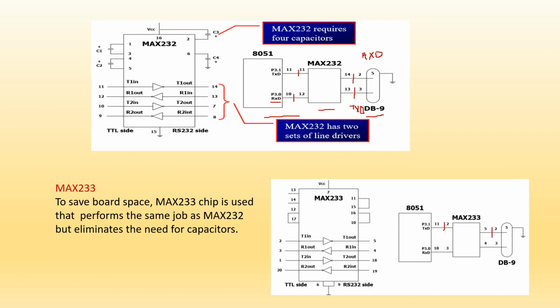Similarly, pin number 3 of RS232, which is the TXD line, is connected to the R1 input of the MAX233, and the R1 out of the MAX233 is connected to the RxD line of the AT51 microcontroller. This is how we can connect the AT51 to the RS232 via the MAX233 or 232.